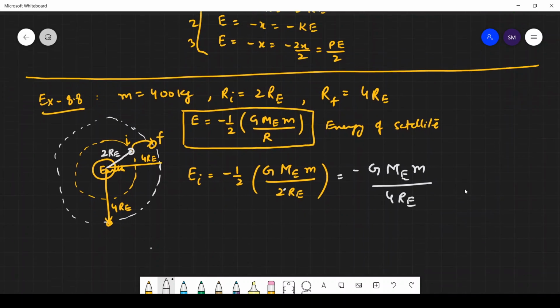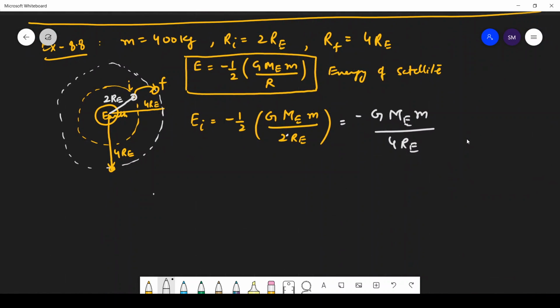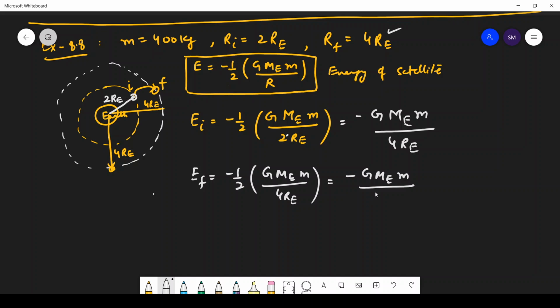Okay, so this was your initial energy. Now what's your final energy? Ef will be equal to minus 1/2 G Me m. The only change is the orbital radius. So now r is equal to rf, which is 4Re. So put here 4Re. So that's equal to minus G Me into the mass of the satellite divided by 8 times the radius of the earth.